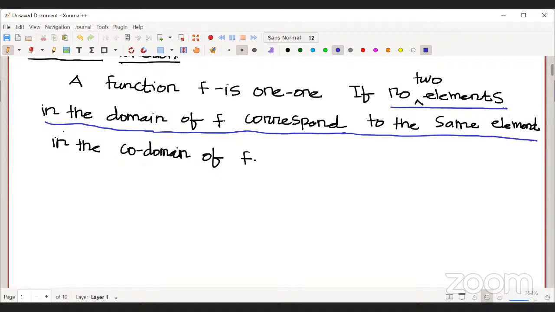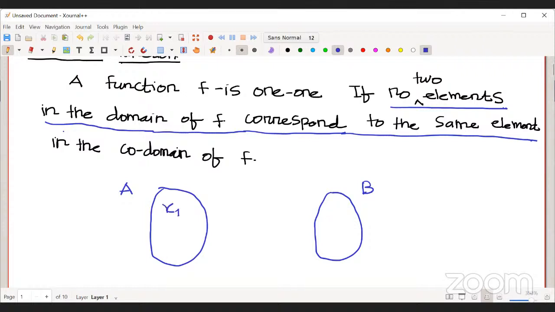So F is a map from the set A to set B. It's saying I don't have two elements x1 and x2 that map to the same element f of x1, so both of them don't map to the same element in the codomain.